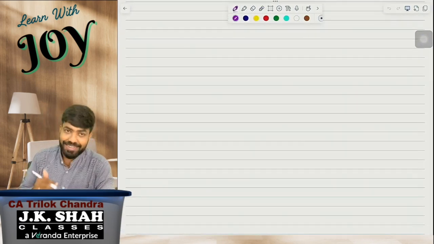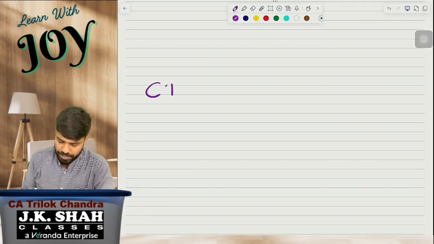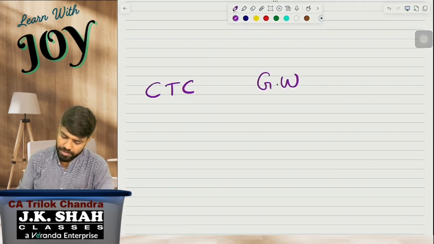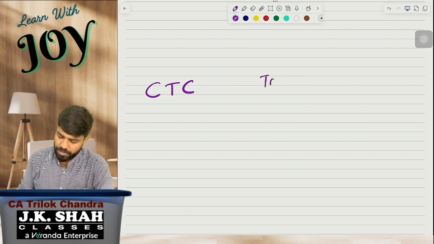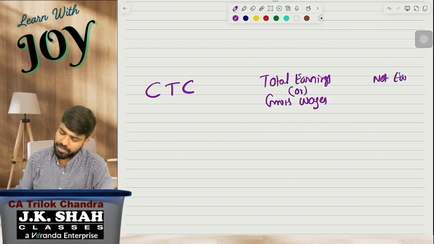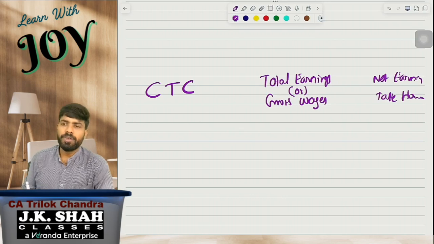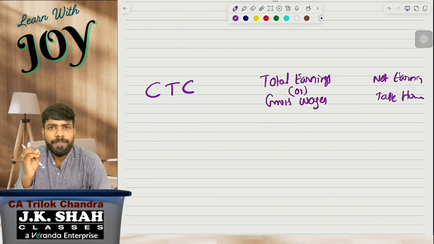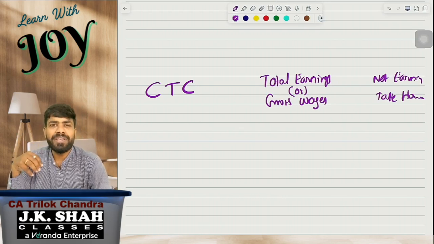You need to understand three terminologies: CTC, gross wages, or we can call it total earnings, and then net earnings, which is also called take home. Please understand what this total earnings means.